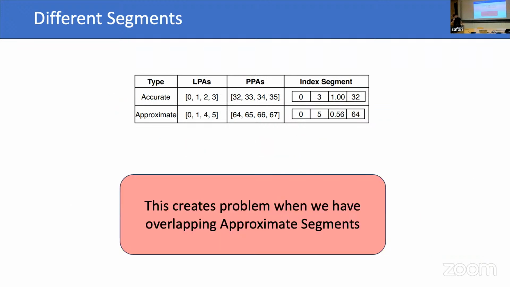That leads to problems when we have overlapping approximate segments, because maybe we know the starting point and the ending point, but if we have two and the LPA lookup is in the middle, we really don't know which one it is.